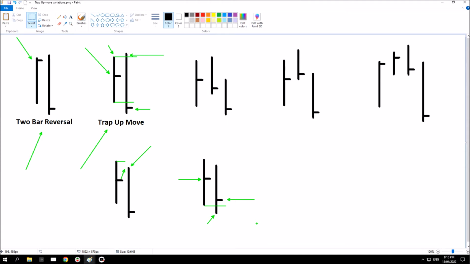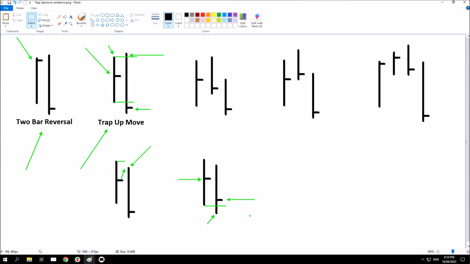Now, volume's normally still elevated on the down bar, but it will usually be a little bit lower than the volume on the up bar. And on that note, just be careful if you get really high volume on the down bar, excessively high volume, that could actually be buying support come in.